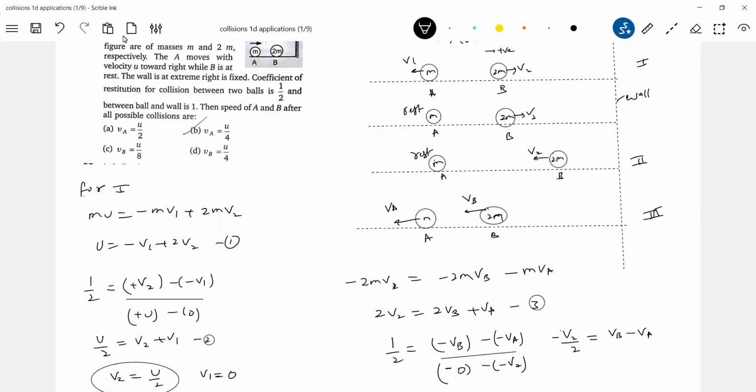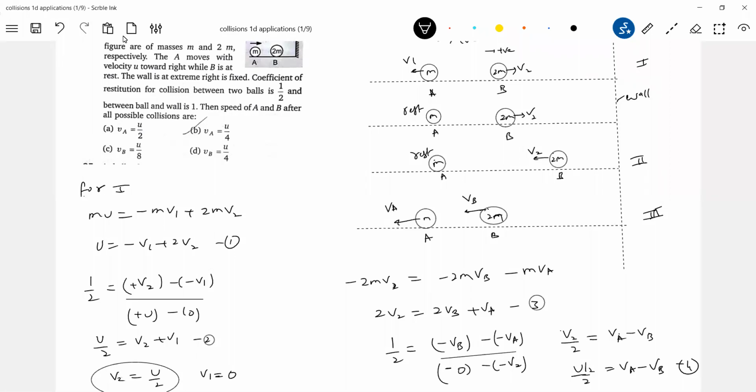V2 value we know it is equal to U by 2. So this will become U by 2 equal to VA minus VB. Call this equation 4. Solve equation 3 and 4. We'll get VA and VB. That will be the speed of the objects after impact.